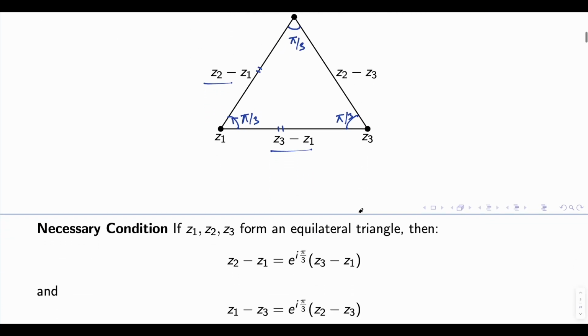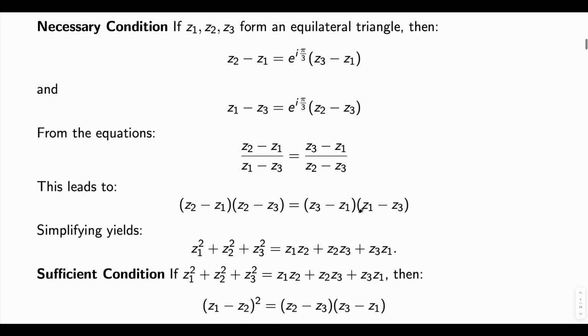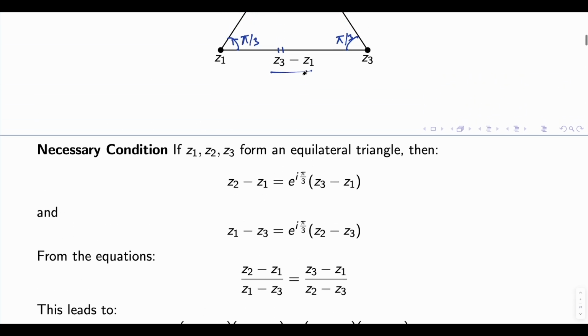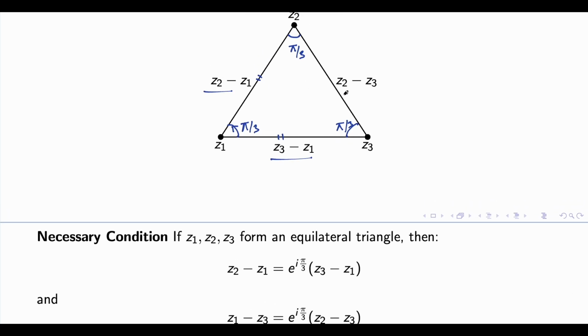Okay. So for the necessary condition, if z1, z2, z3 form an equilateral triangle, then, as I have already shown you in the picture, z2 minus z1 is nothing but e power i pi by 3 times z3 minus z1, right? So this is going to be your rotation type.